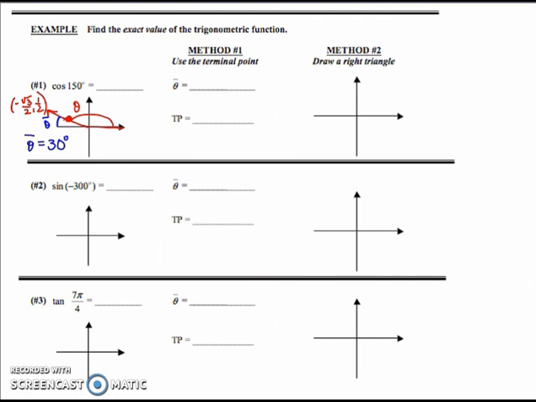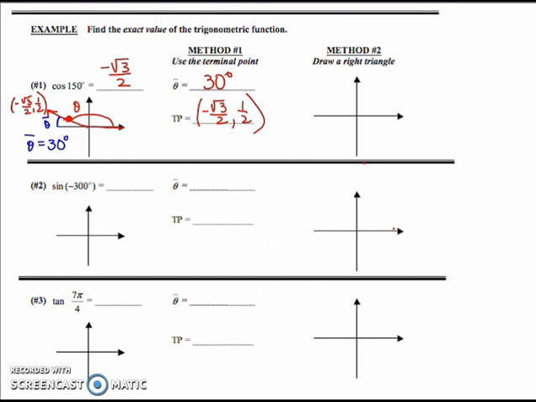So we know that this is negative square root of 3 over 2. Okay, so basically I just did method 1. Using the terminal point, we know that our theta bar here is 30 degrees. We know the terminal point for 30 degrees is square root of 3 over 2, 1/2, but because we're in the second quadrant, it would be negative square root of 3 over 2, comma 1/2.